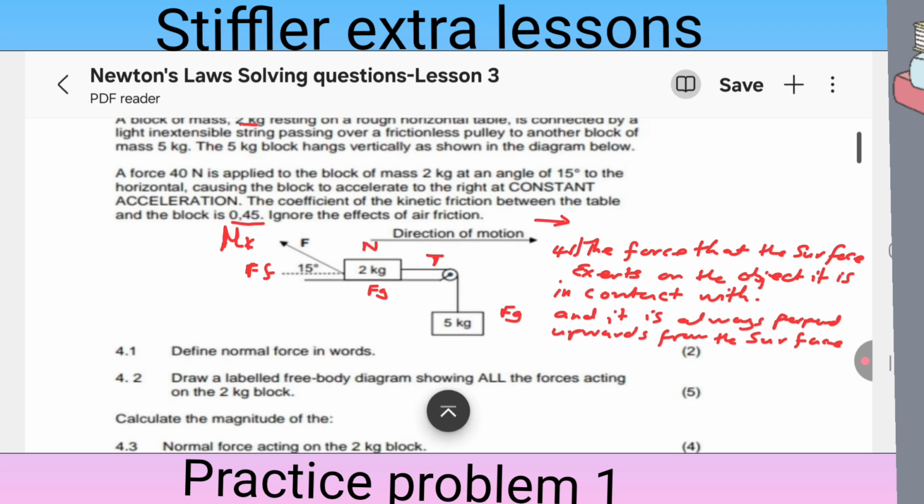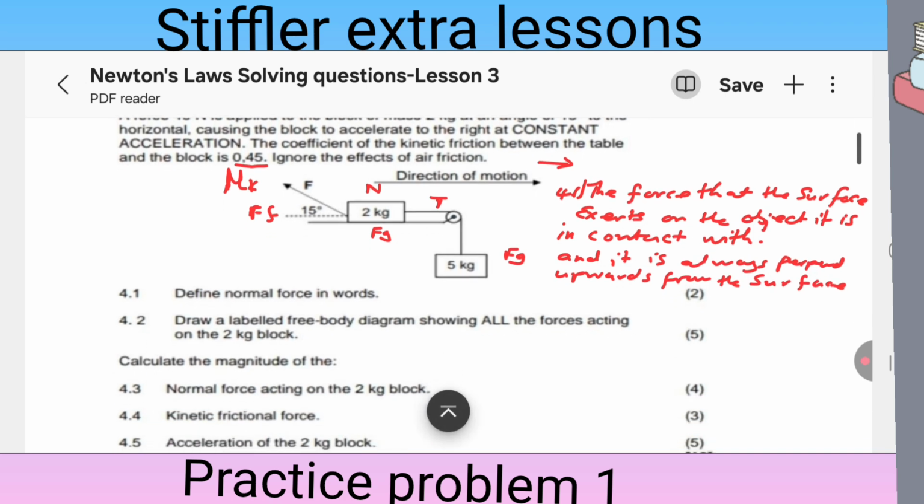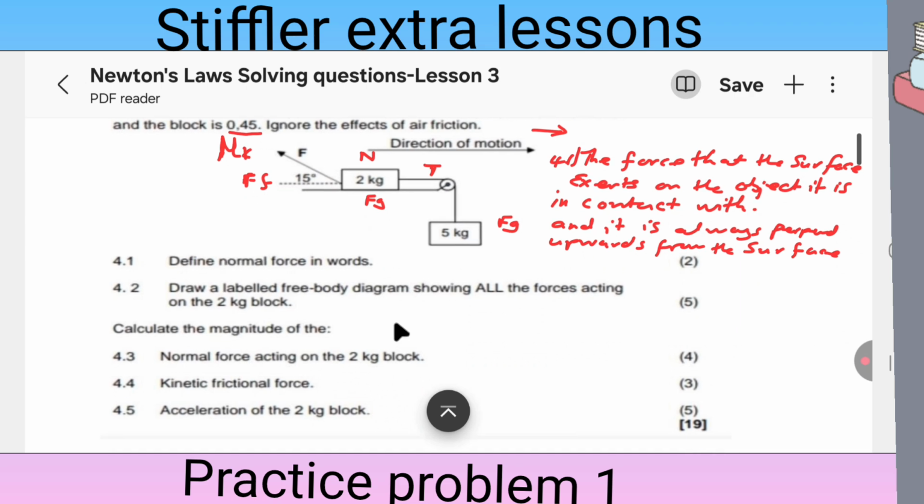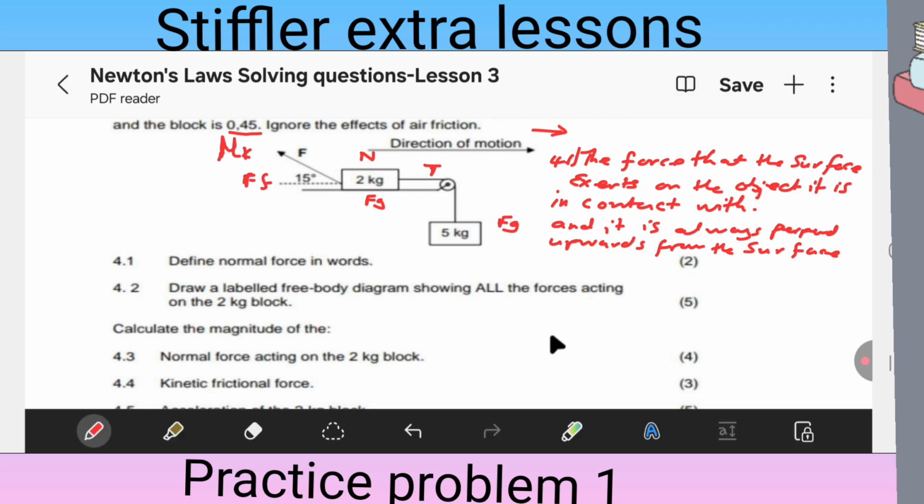The second question: draw a labeled free body diagram showing all the forces acting on the 2 kg block. Let's draw our free body diagram, because we already know all the forces acting on this block. This is our object, and we have the normal force, the tension, and the force that is applied at an angle.